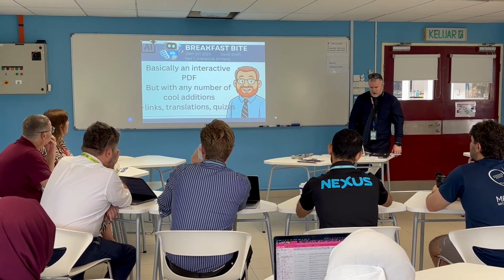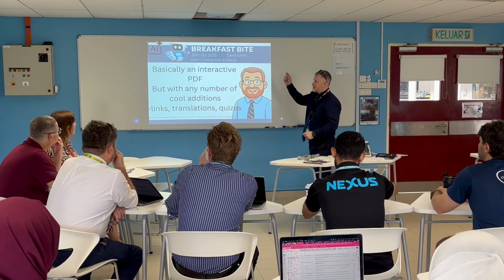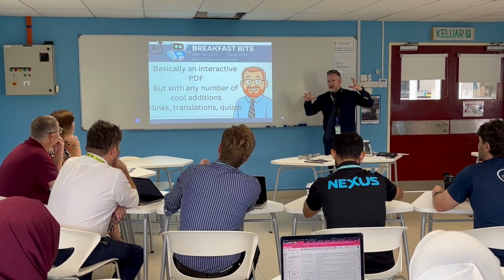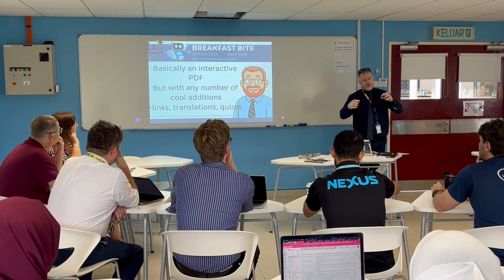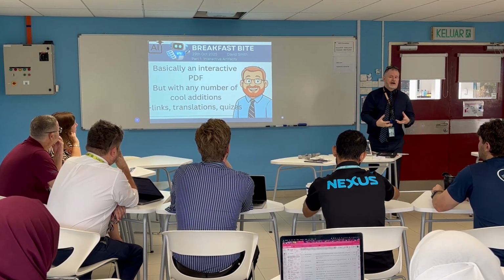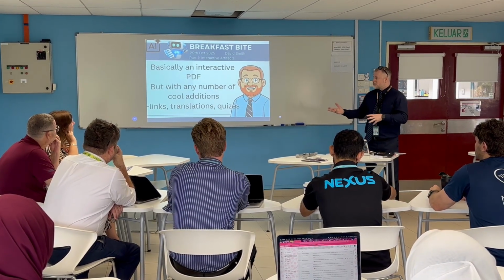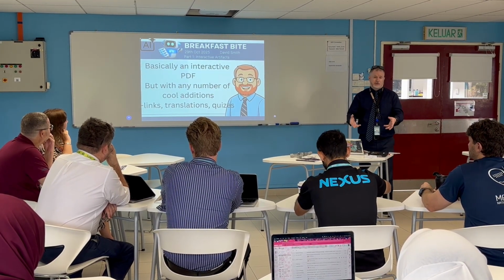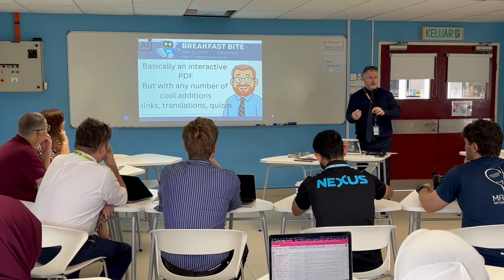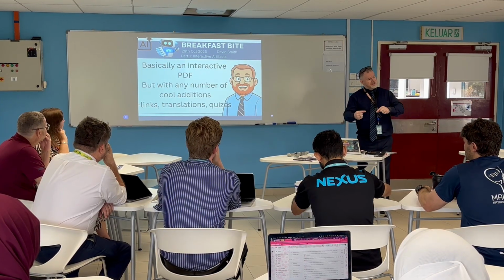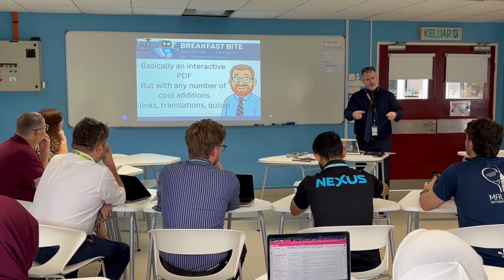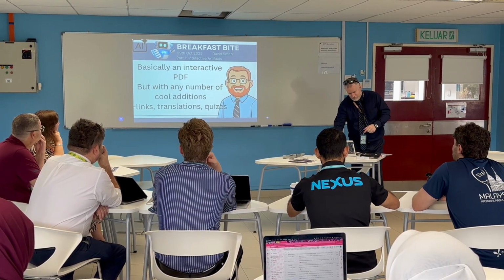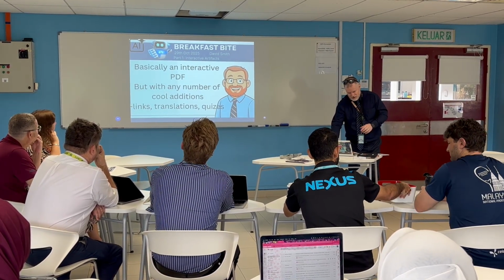So basically an interactive artifact is like a PDF document or a web page with some cool interactive components. And the interactive additions can be extra links, can be translations, can be quizzes, can be basically what you want. You just have to figure out how to tell it to do that, okay? And I know that's making it perhaps a little bit less clear.